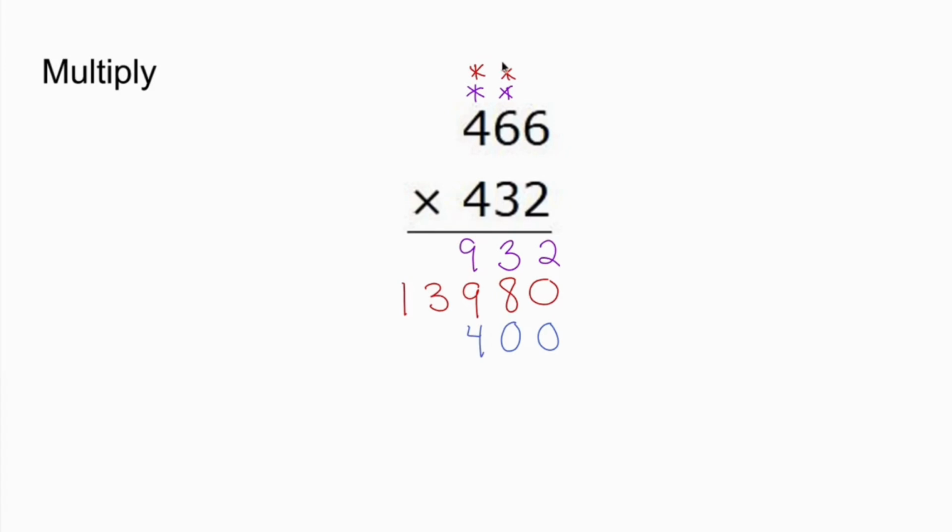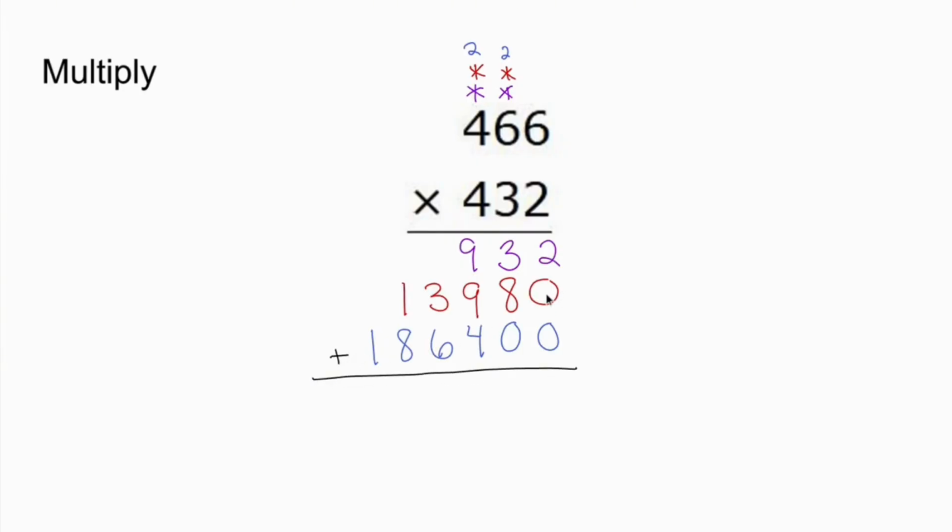Write out your 4, carry over a 2. 4 times 6 is 24. 24 plus 2 is 26. Write out your 6, carry over a 2. 4 times 4 is 16. 16 plus 2 is 18. Write out all of 18 because that's our last digit. Now we add these three numbers up together.